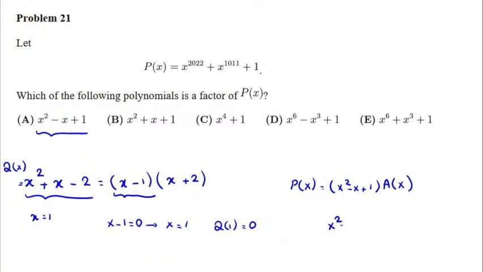So if I consider x squared minus x plus 1 equal to 0, for example, a root of this, or we replace x squared with x minus 1, the right side will be 0, the left side also should be 0. So if in P of x I replace x squared with x minus 1 or use a root here, P of x should be 0. It is a very useful idea.